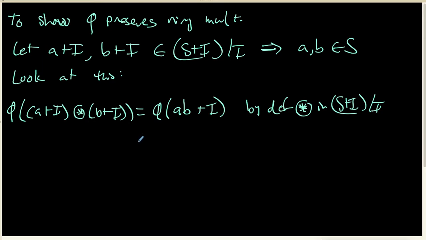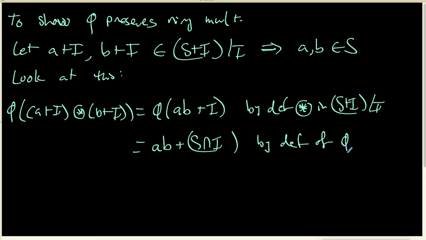But I know what phi does. Phi takes the coset AB plus I to AB plus S intersect I, and that's by the definition of our map phi.